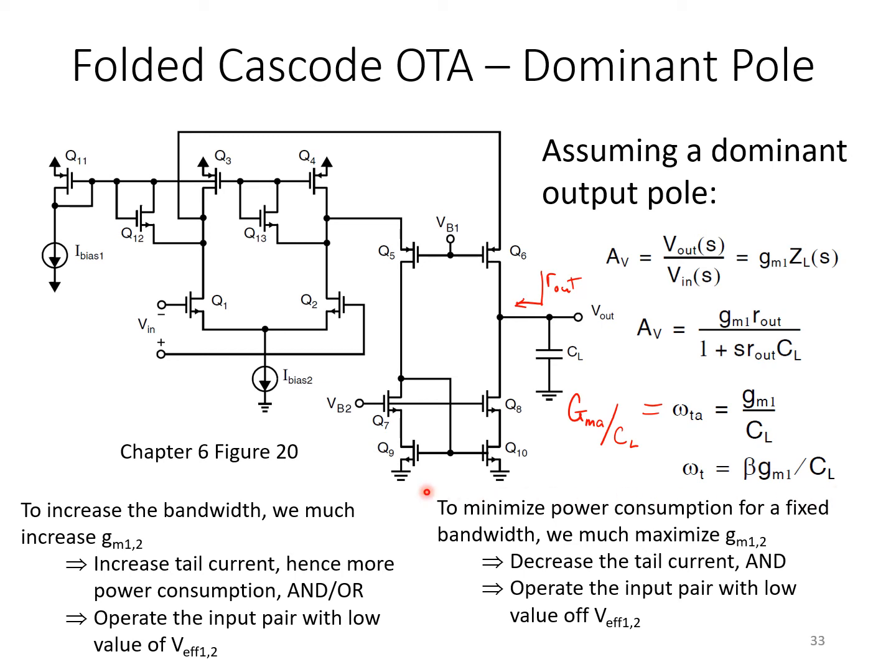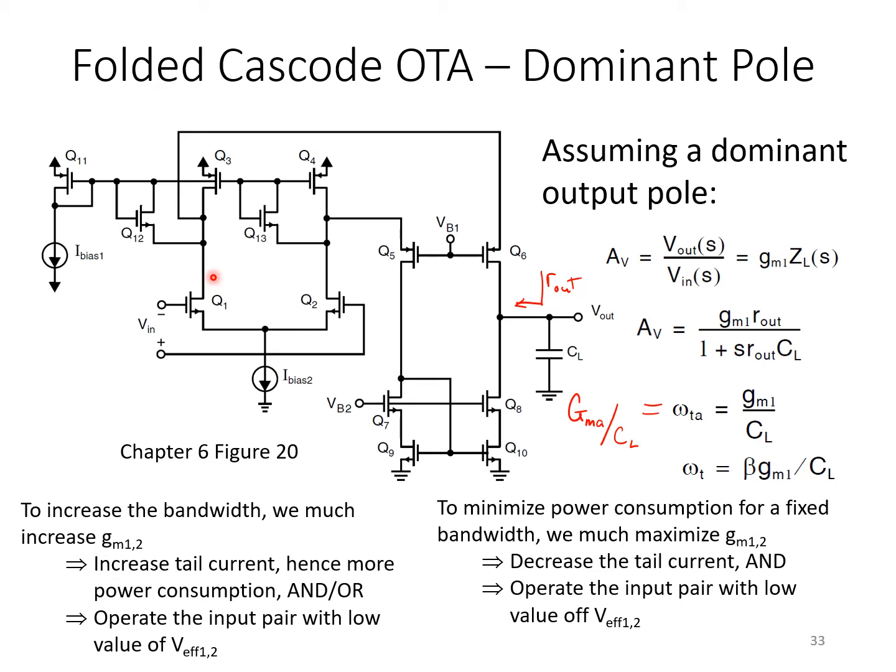Likewise, to minimize the power consumption for a fixed bandwidth, we want to maximize gm1. Now, to do that, we would want to actually decrease the tail current. The power consumption is obviously proportional to the amount of current that we're drawing from the power supply. But at the same time, we would still wish to operate the input pair with a very low value for Veffective of transistors Q1 and Q2, because again, that's going to give us the most bang for the buck.